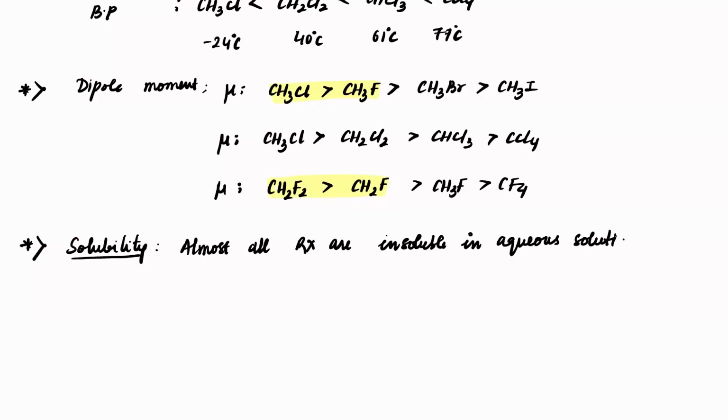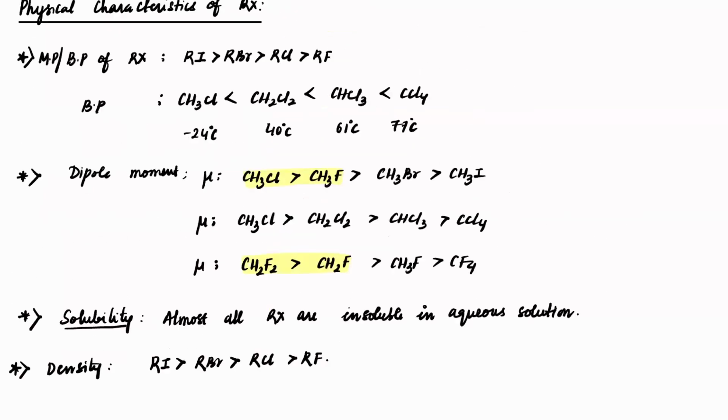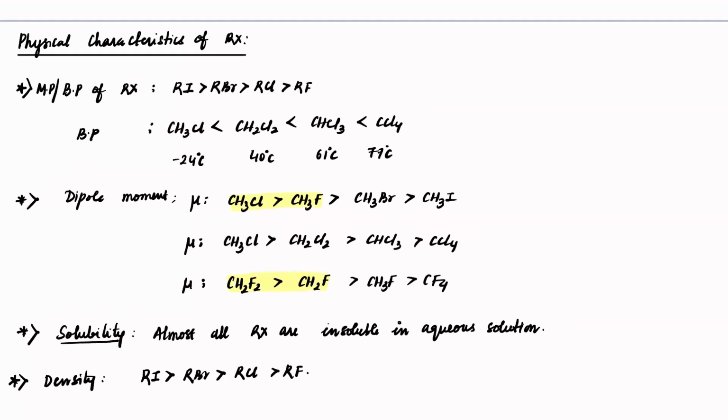They are all insoluble in aqueous solution. Lastly, density. When it comes to density, iodides usually are denser than bromide, chloride and RF. So these are some important physical characteristics we should know.